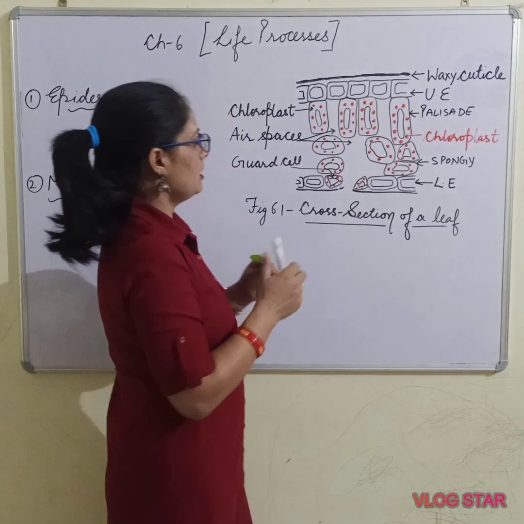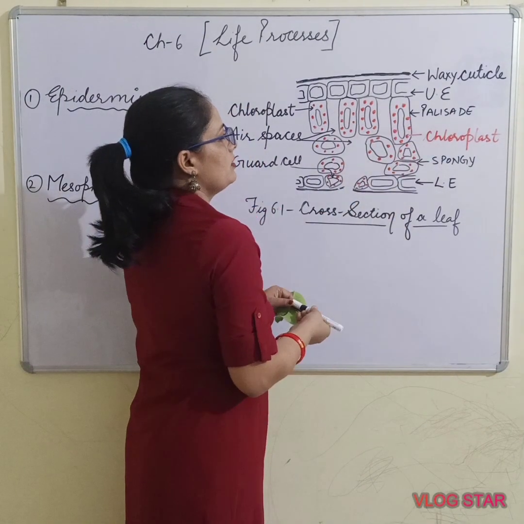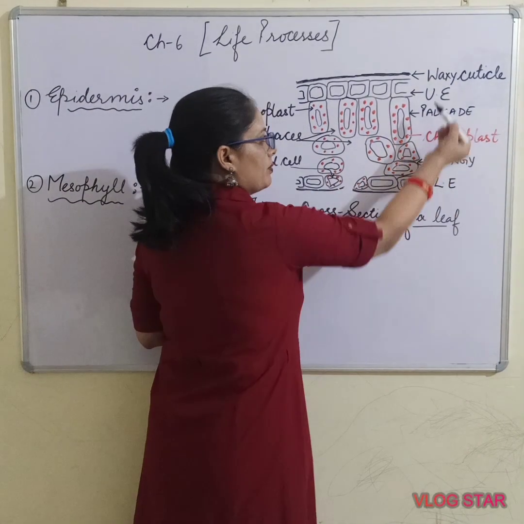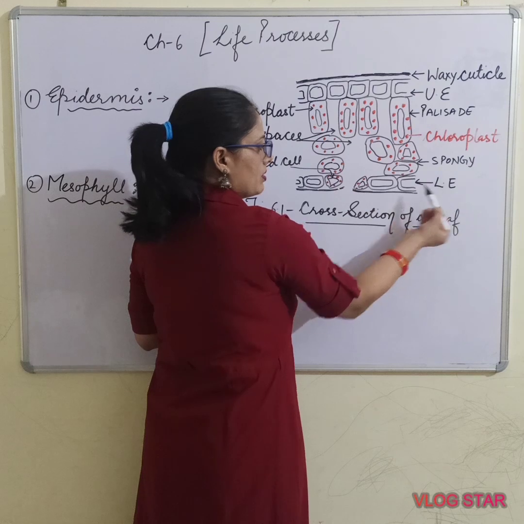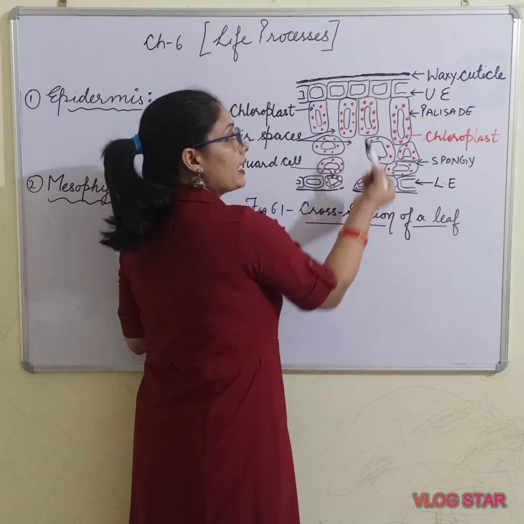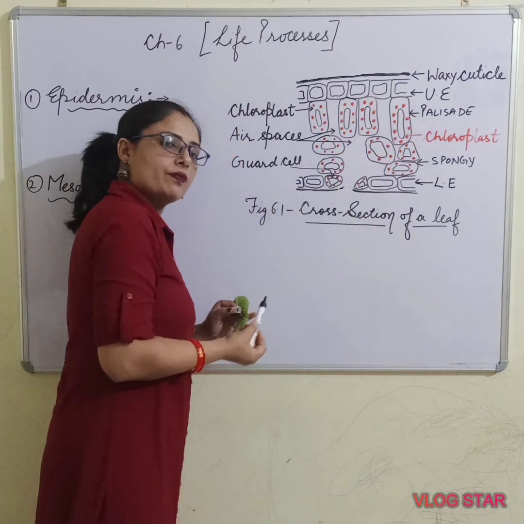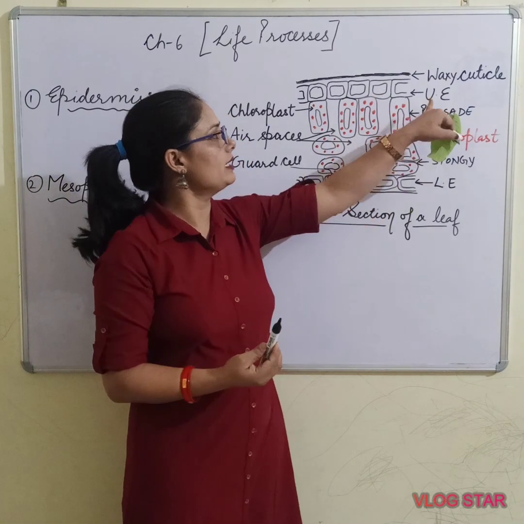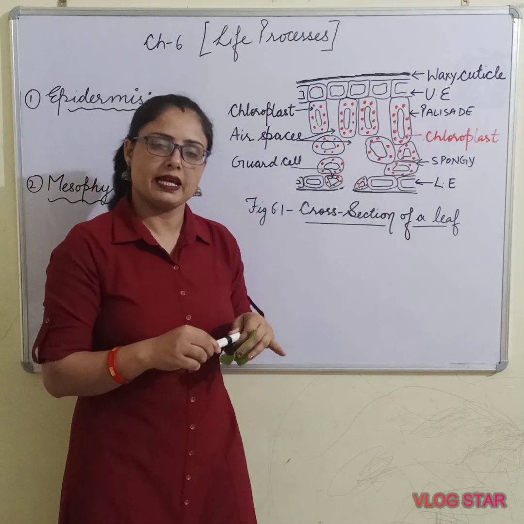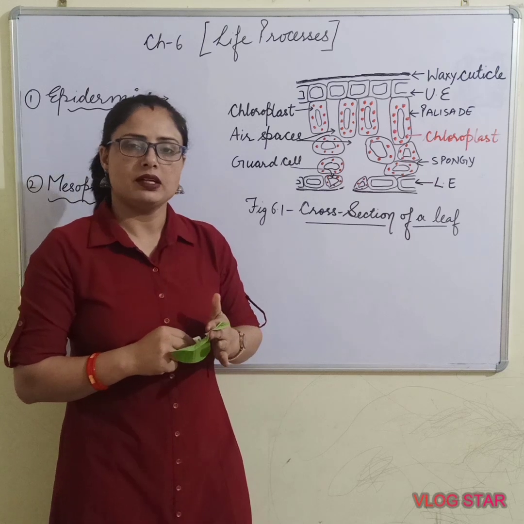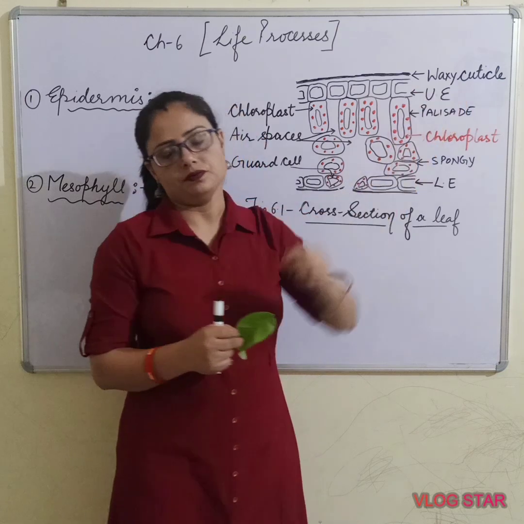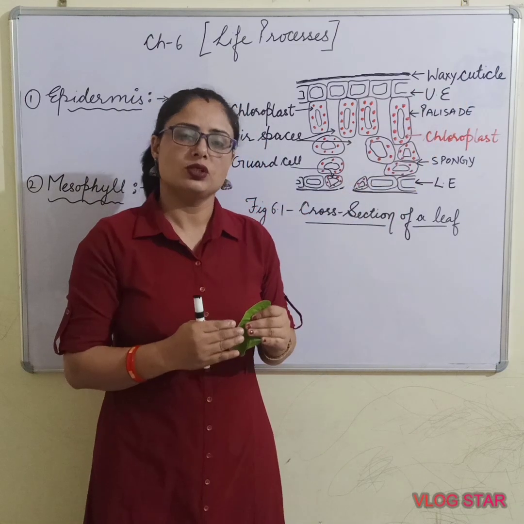And even from this structure you can see that the upper epidermis and lower epidermis have one more difference: the lower epidermis bears more stomata as compared to the upper one. You can even say that the upper epidermis bears no stomata, it lacks stomata. The reason behind this is that the upper epidermis will prevent the loss of water.